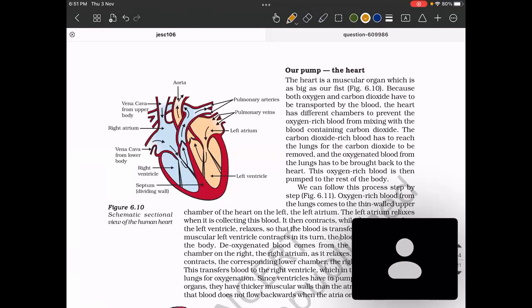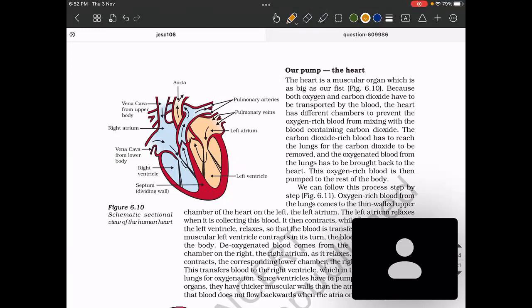Can someone tell me the flow, how the blood enters and how it exits? From the lungs, the oxygenated blood is transported to the left atrium through the pulmonary vein, and from the left atrium it goes to the left ventricle, passing through the valves. From the left ventricle, it's transported to the body organs through the aorta.